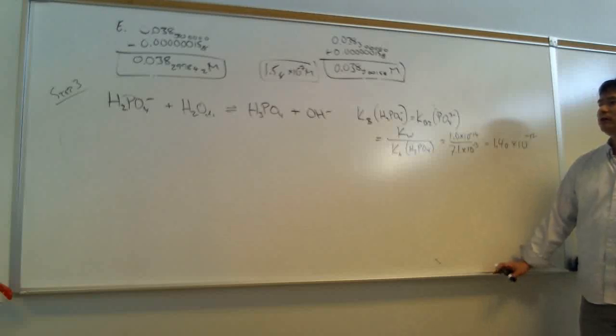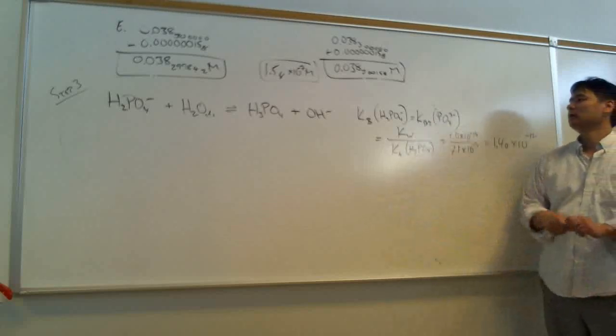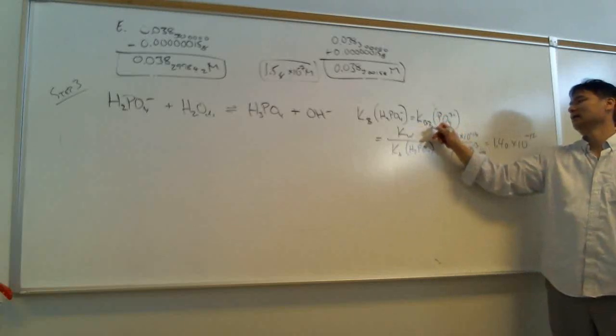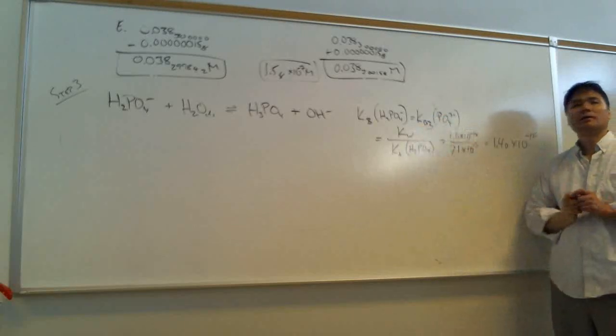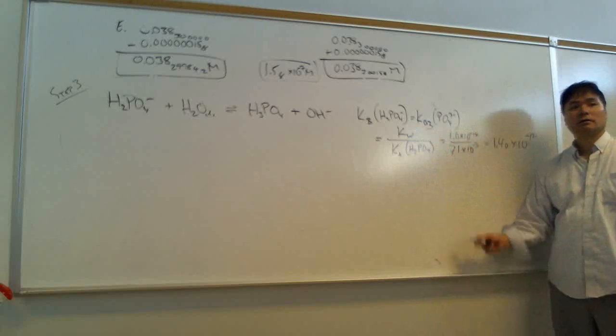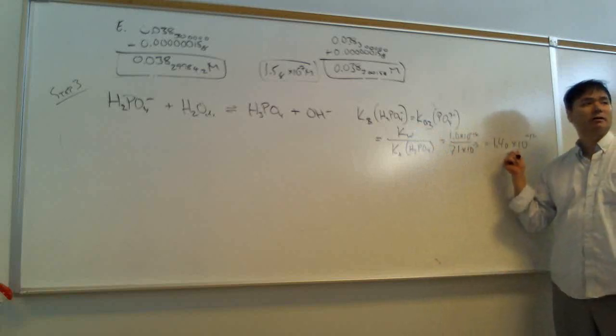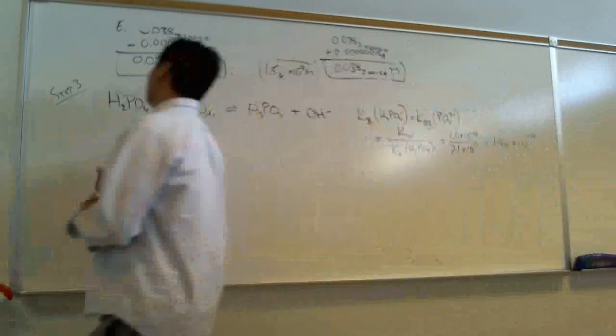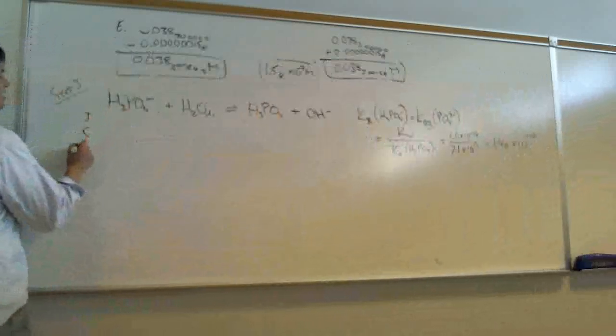But in this case, would we go to Kb3? Sorry, this is not Kb2, this is Kb3. Or would we go to Kw? Kb3 is bigger than Kw, so this should be a better hydroxide contributor. And so let's go ahead and do this.